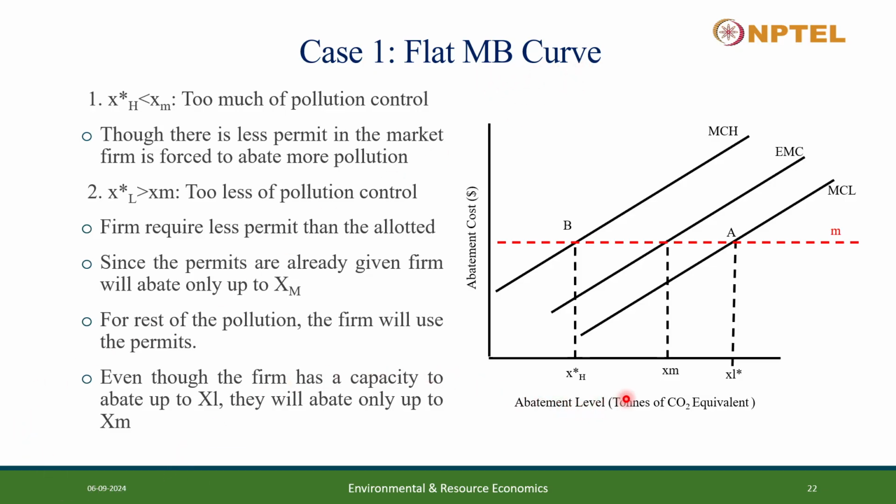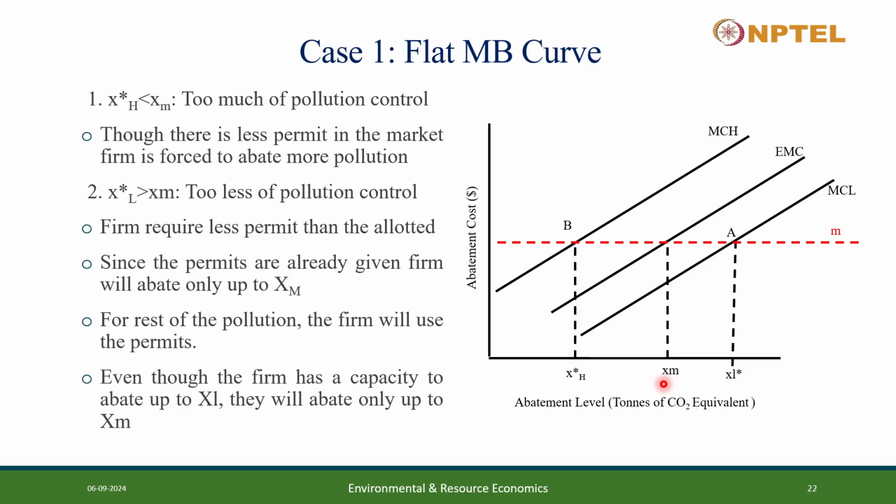We can clearly say that when the MB curve is flat, the tradable pollution permit is not efficient, because there is always a divergence between the optimum level of pollution control and the expected pollution control.